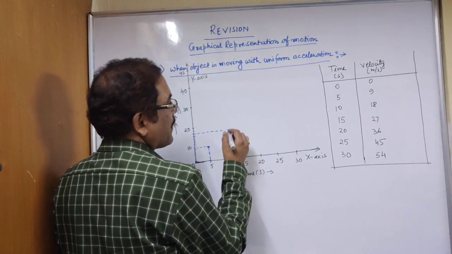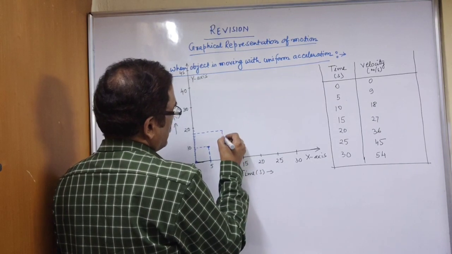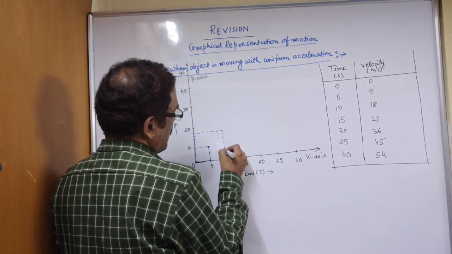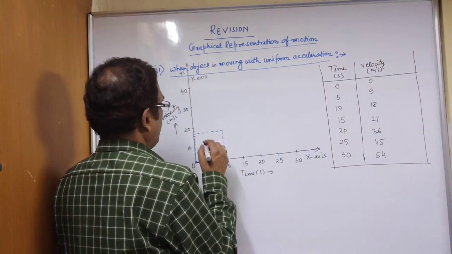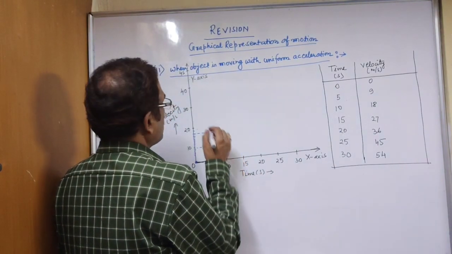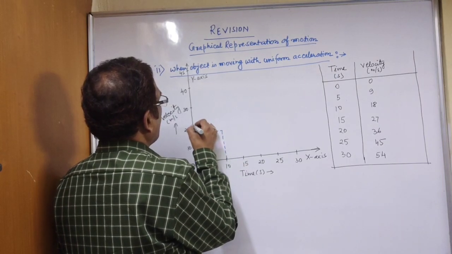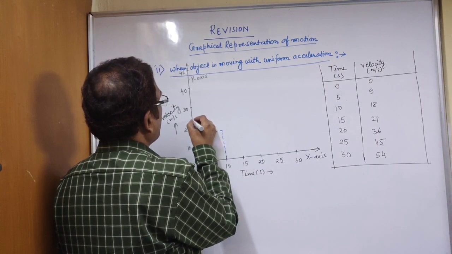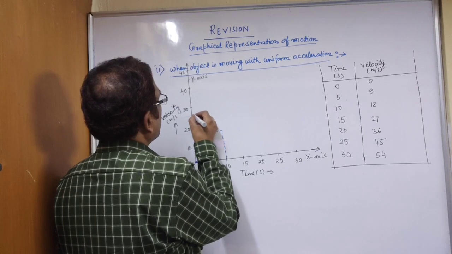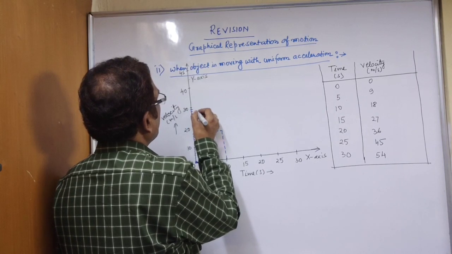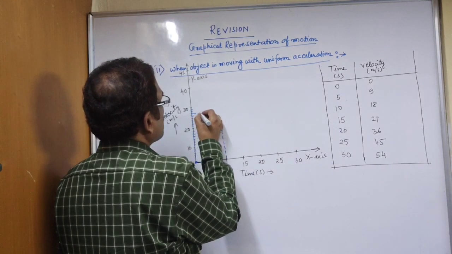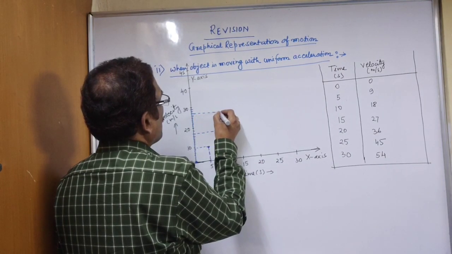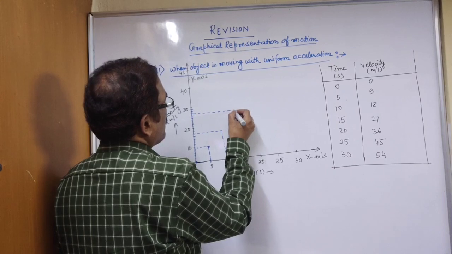So at 10 seconds, velocity is 18. Then at 15 seconds, velocity is 27: 21, 22, 23, 24, 25, 26, 27. So 27 will be here.